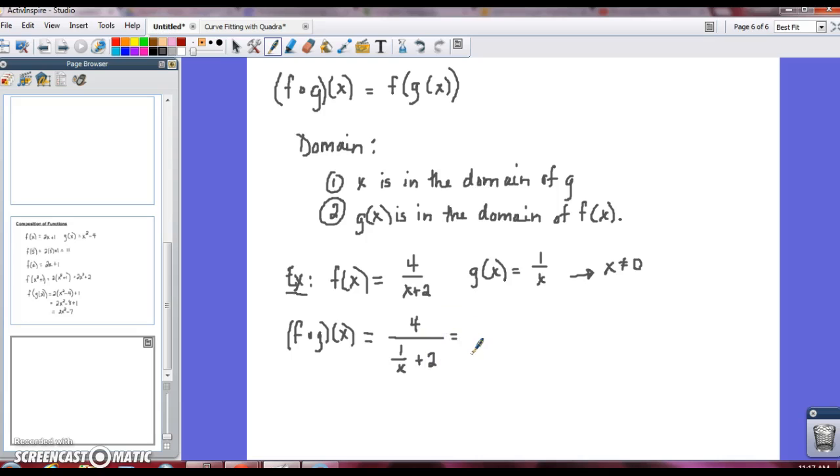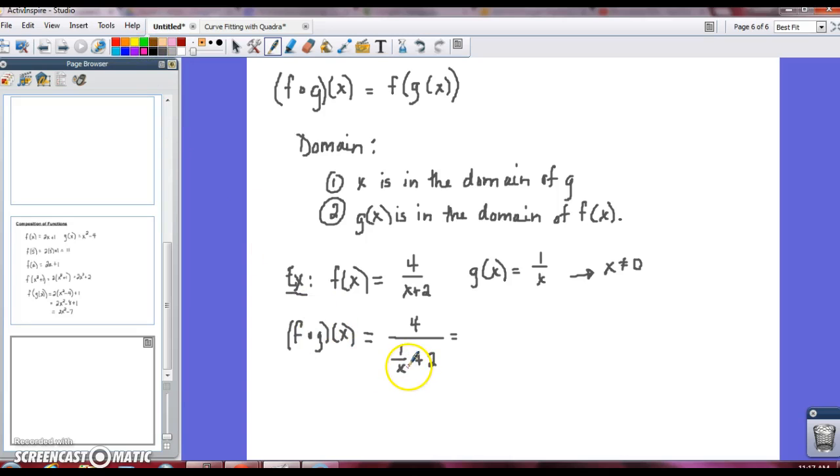Right? And there's a couple of ways you can clean this up and solve this. You can go ahead and multiply every single term in the fraction by that denominator, or you can go ahead and combine these bottom terms into a single fraction. Either way you do it, it doesn't really matter. You should always come up with the same thing.